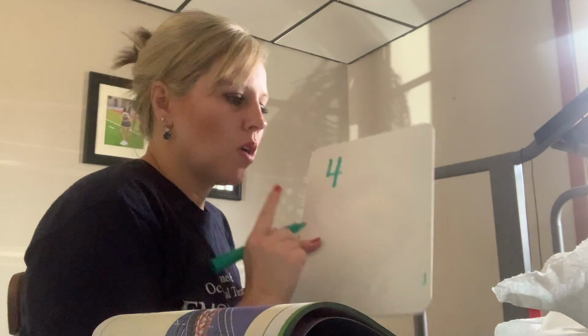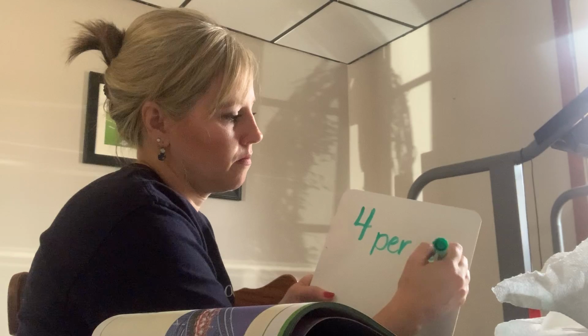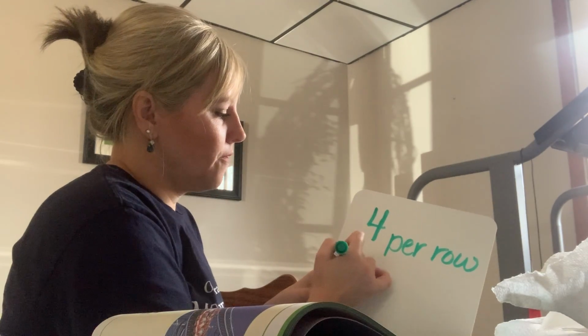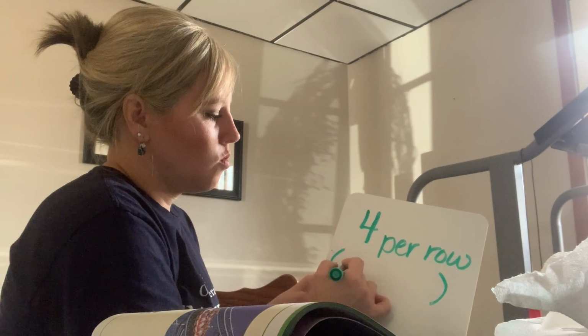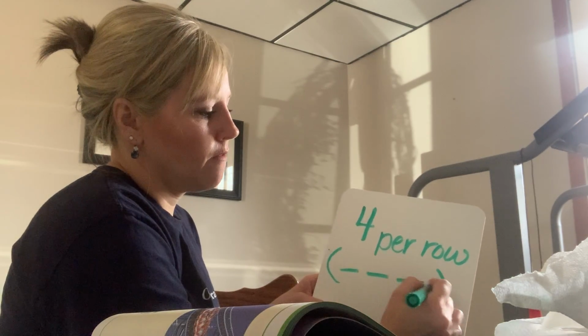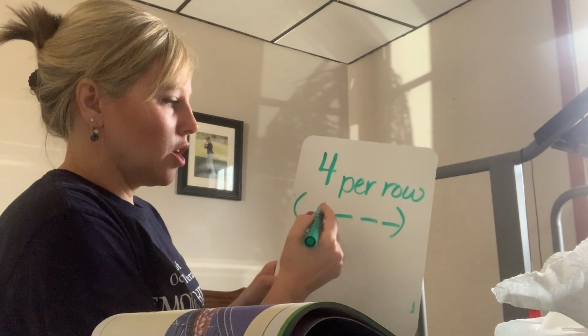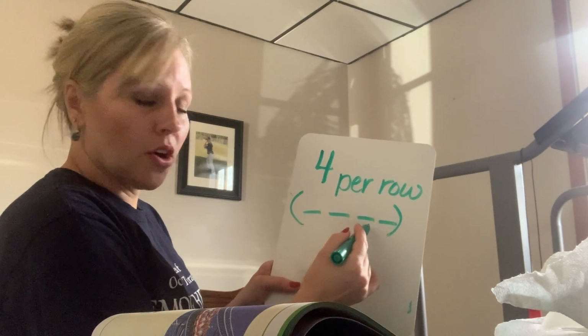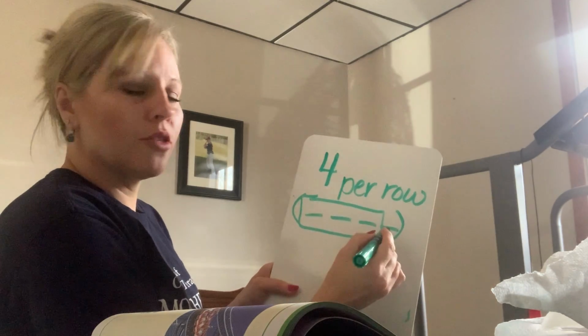Okay, if 4 people can get in 1 row, to fill up the row right here, you would have to have 1, 2, 3, 4. There's the 4 people, right? Okay. Well, if the 3/4 are empty, 3 out of the 4 are empty.